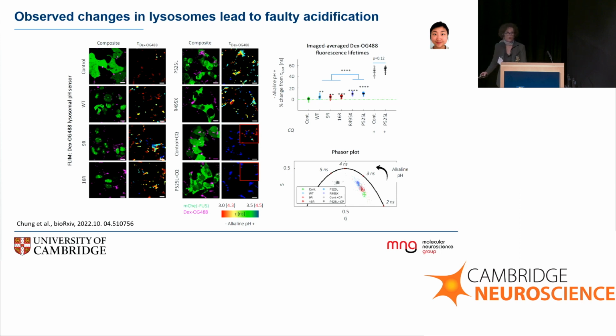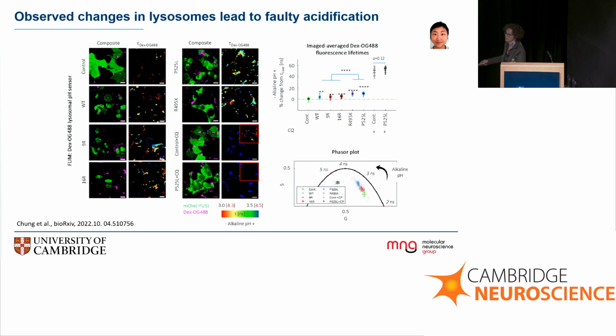Okay, so what we also observed is that this increased clustering of these amyloid proteins in these lysosomes leads to the faulty acidification of these lysosomes. So the pH of these lysosomes is significantly increased.